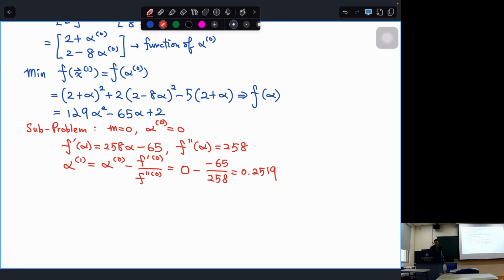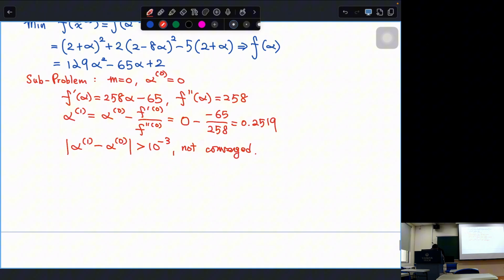Okay? And obviously, if you check the difference between the new one and the previous one, it's still larger than a small value, so not converged.